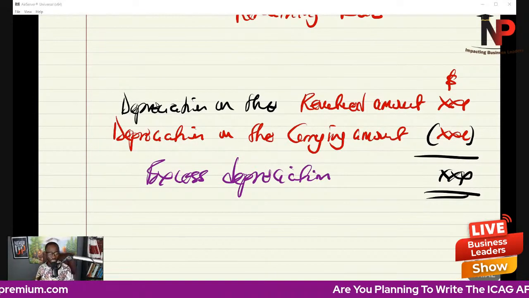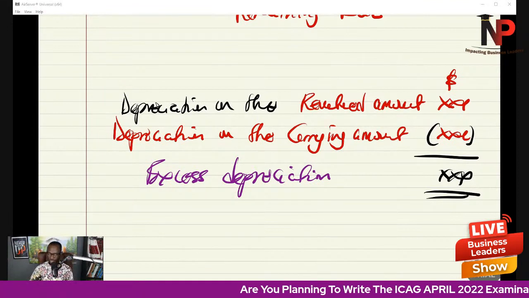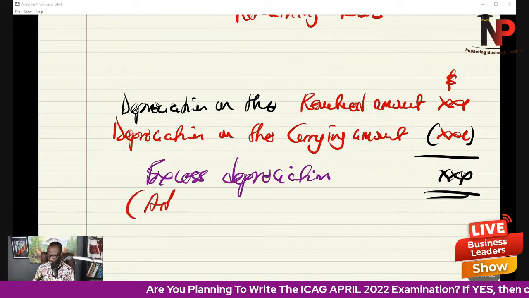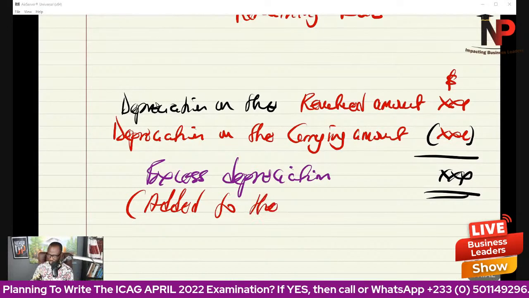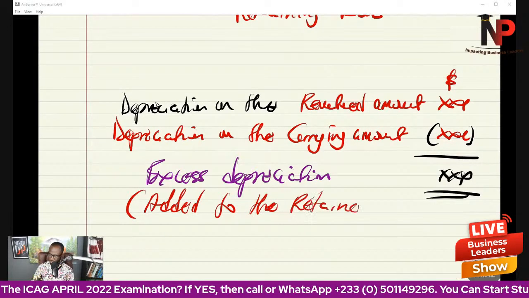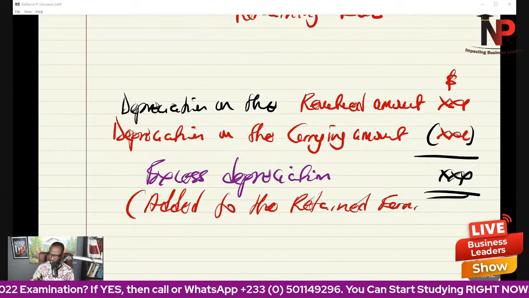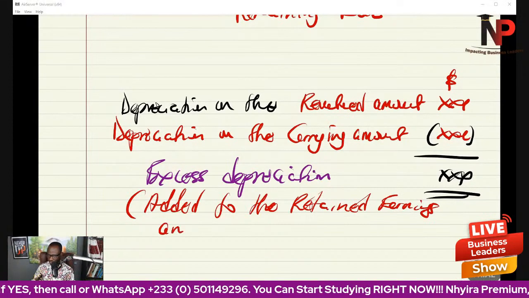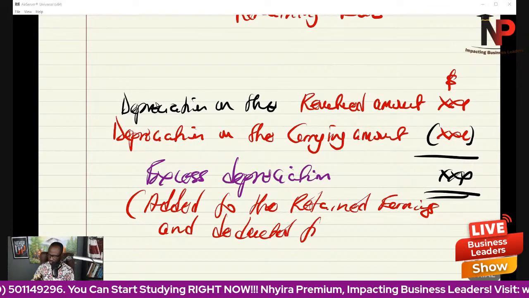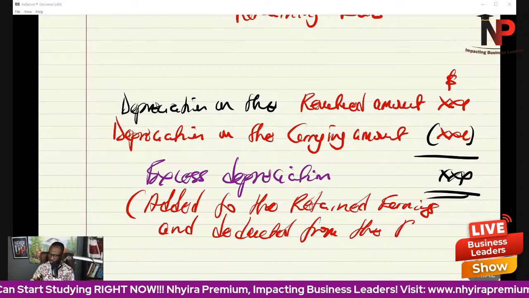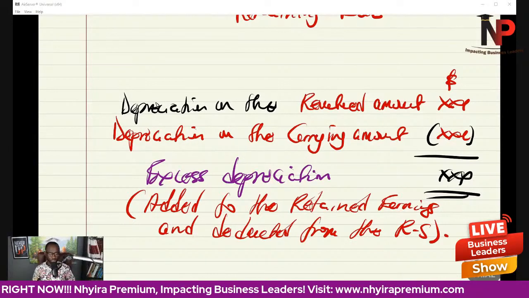It is this excess depreciation that should be added to the retained earnings and deducted from the revaluation surplus. Sounds good.